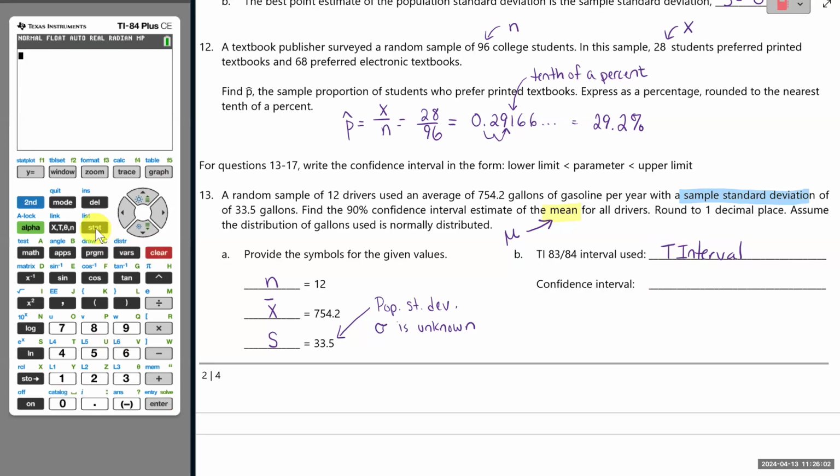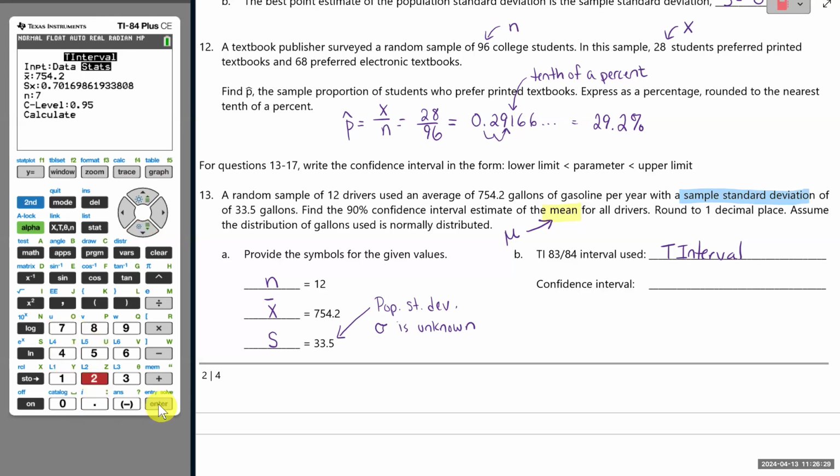All right, so let's check it out here. So we'll hit stat and tests, t interval. And the input here, we have the statistics. They didn't give us the actual data. So pick statistics and then enter our X bar, 754.2.